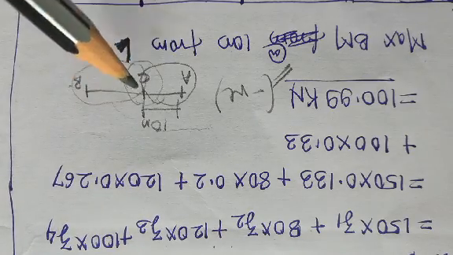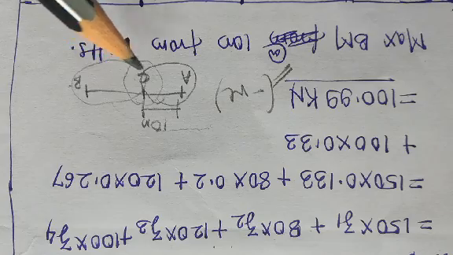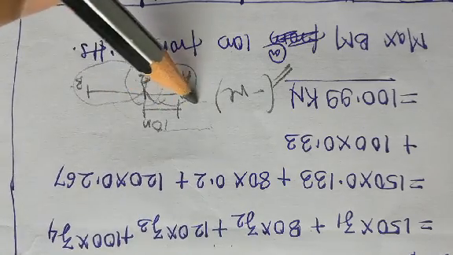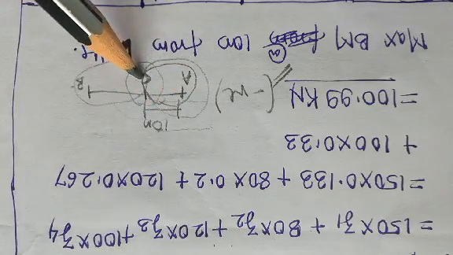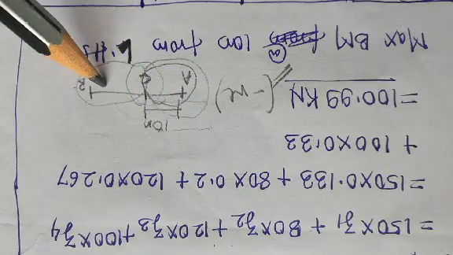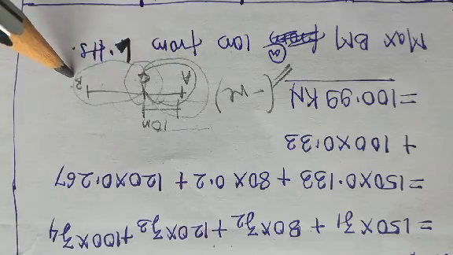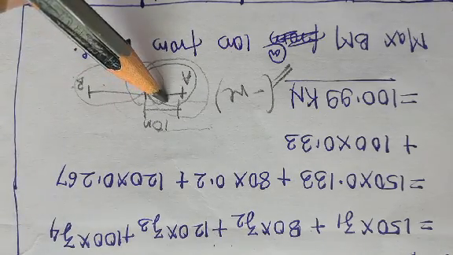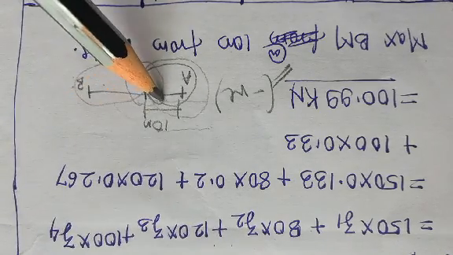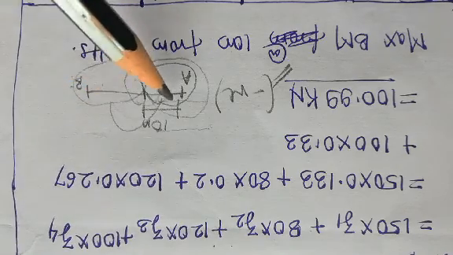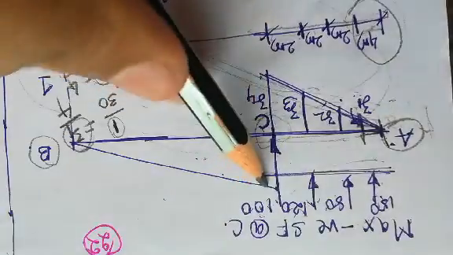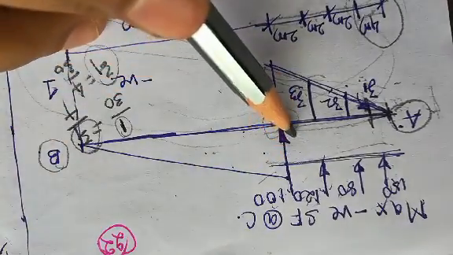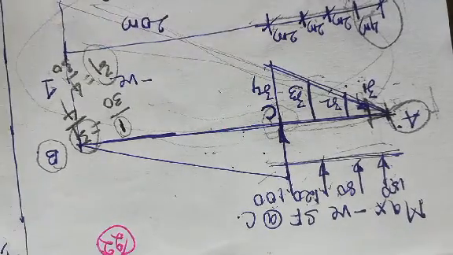Suppose the complete load is in AC section; obviously the AC portion will be heavier than the CB portion because all the load is on AC. Next, when one load moves, that is, when 100 kilonewton is heading and crosses C point, what will happen?